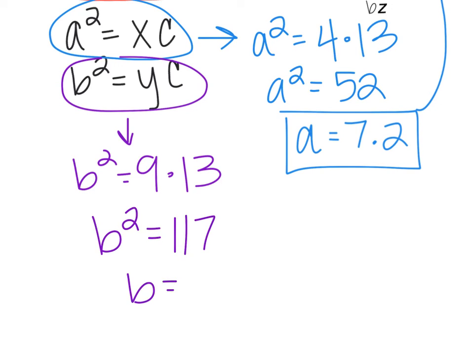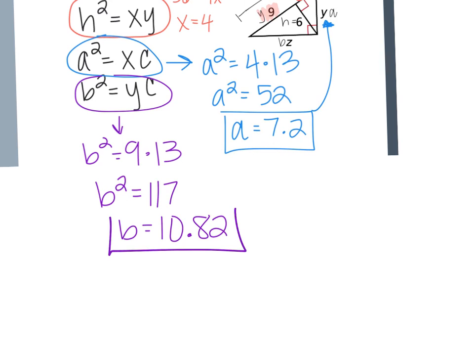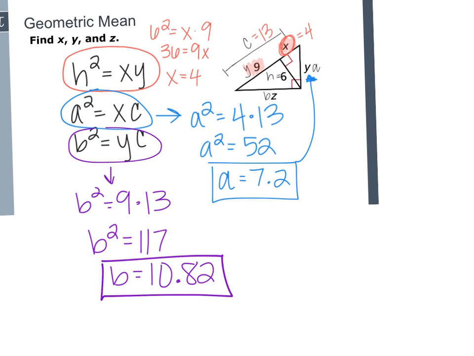When I take the square root of it, b is 10.82. And that's that side.